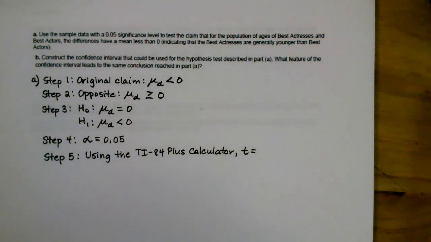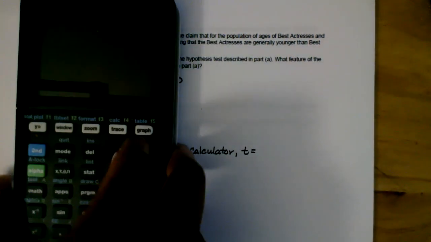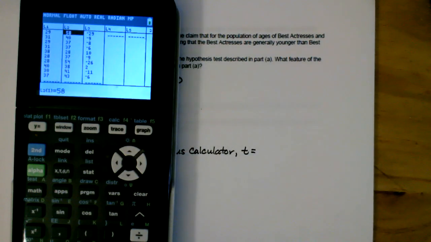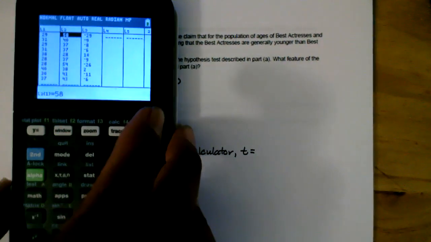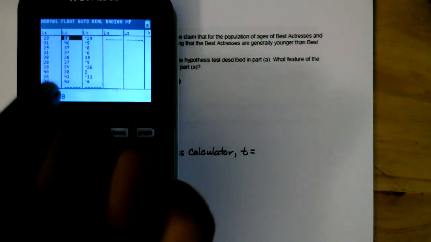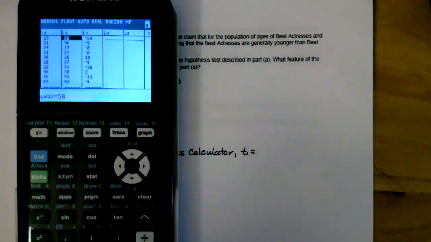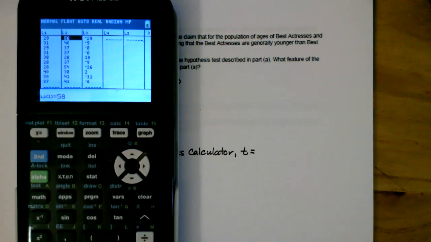I'll show you that when we get to those examples. So let me pull up that calculator again. And that's that data set that I just showed you, where we had to enter the L1 and the L2, and then we had to do L1 minus L2 and store that in L3, or list number 3.